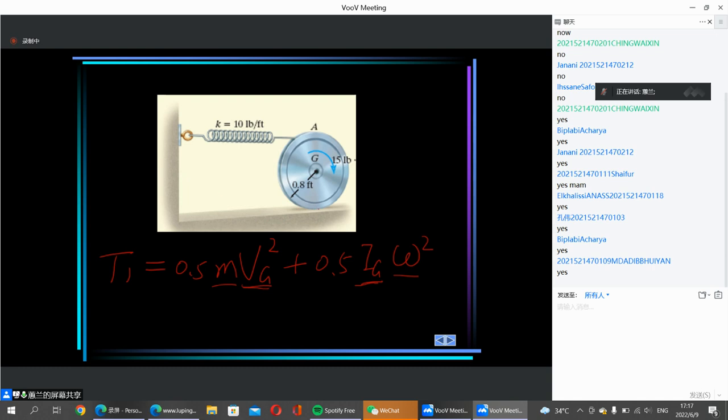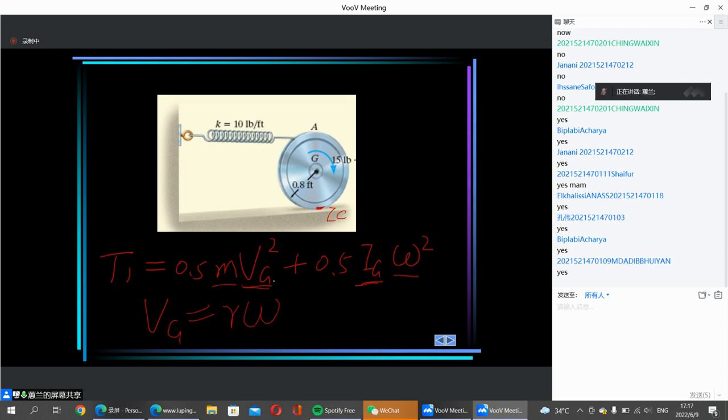It's very important: it rolls without slipping. Again and again, we have done this kind of practice. Without slipping, the contact point will be the IC. So the velocity of the mass center will equal the radius to the IC times the angular velocity.